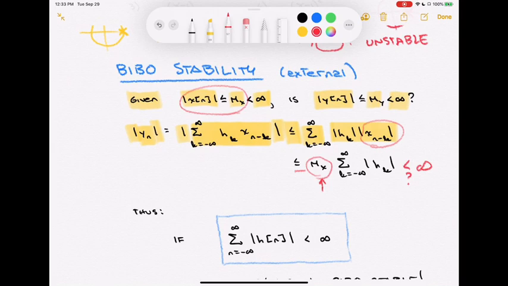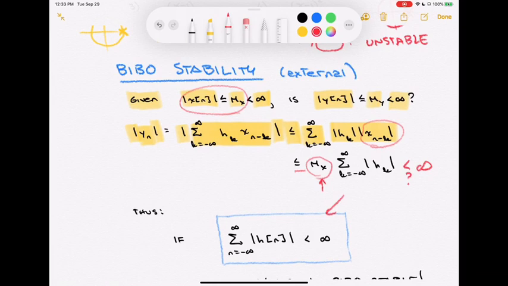Divide both sides by a finite number, and we can get to this: is the impulse response function h[n] absolutely summable? If it is, we can guarantee that the norm on y[n] is also bounded by a finite number. So our test is simple, and it's exactly the same, at least in spirit, as how we assessed internal or external stability for continuous time systems.